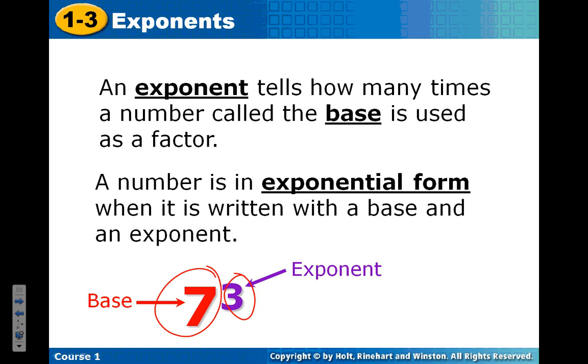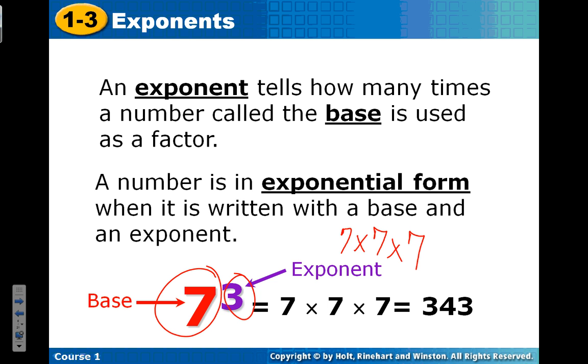This number tells you how many times it's being multiplied. So this thing means 7 times 7 times 7. So it is 7 three times. 7 times 7 times 7 equals 343.